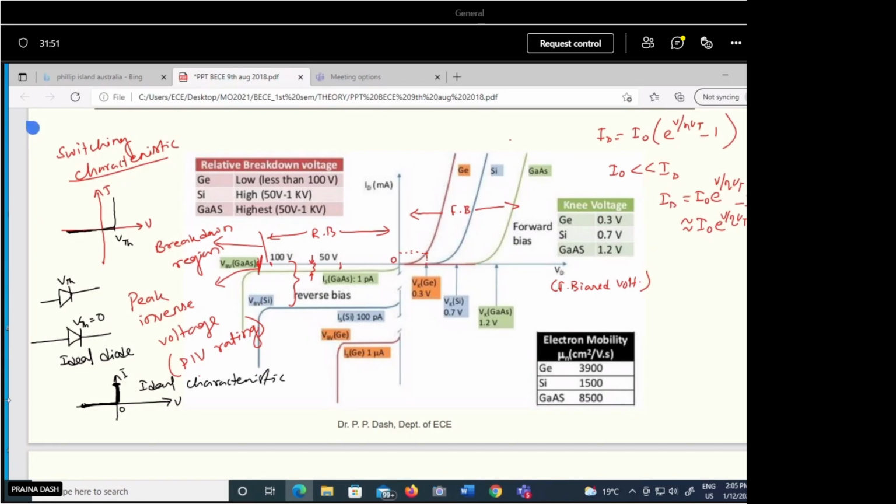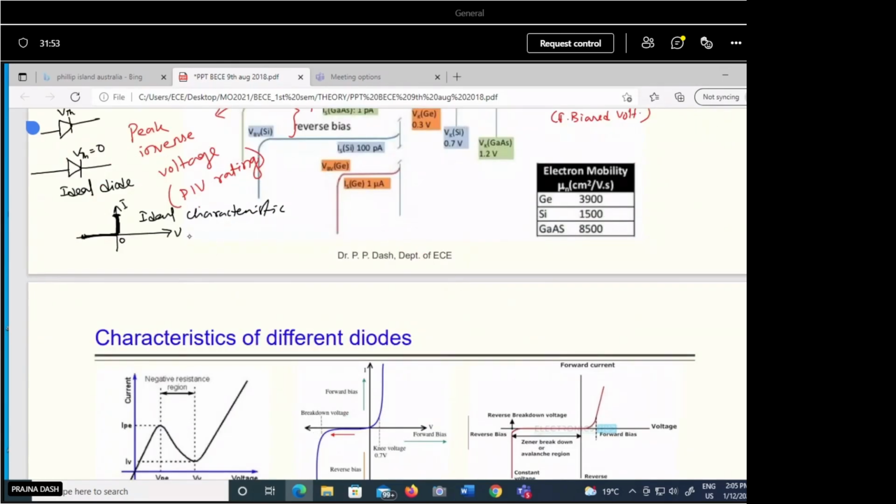In the ideal characteristics, we assume that in the forward biased condition the diode is switched on, or it can be replaced by a short circuit equivalent, an on switch.